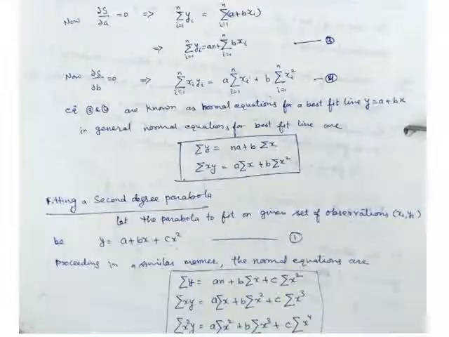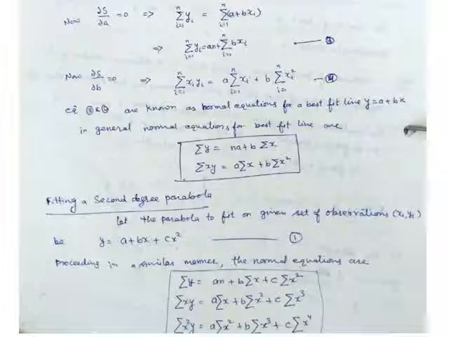Now by del S by del a equals 0, if you differentiate S with respect to a and then put 0, simple differentiation gives summation of yi equals a n. Here a n means a plus a plus a plus, n times, which gives n into a, plus b summation xi. It is your first equation. Now if you differentiate S with respect to b, you get another equation: summation xi yi equals a summation xi plus b summation xi square.